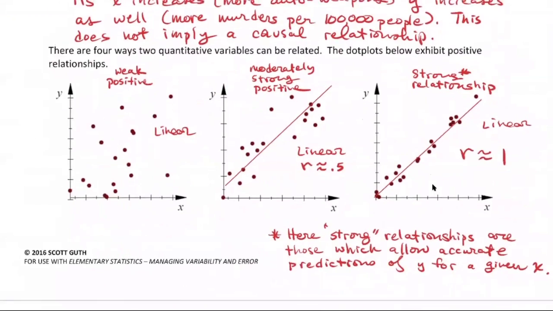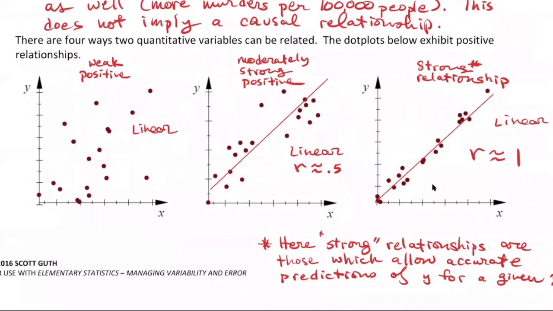So let's change this notation here a little bit. With the strong relationship, we're going to say R is between 0.8 and 1. Okay. For the moderately strong, the table said 0.8.